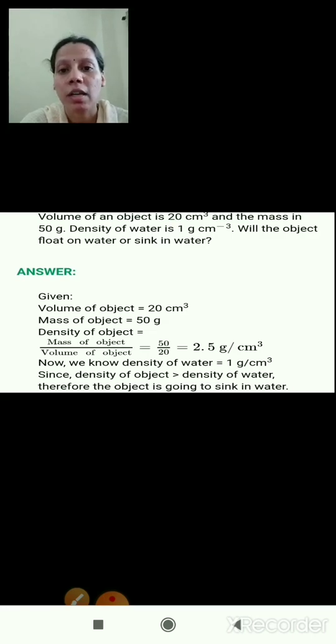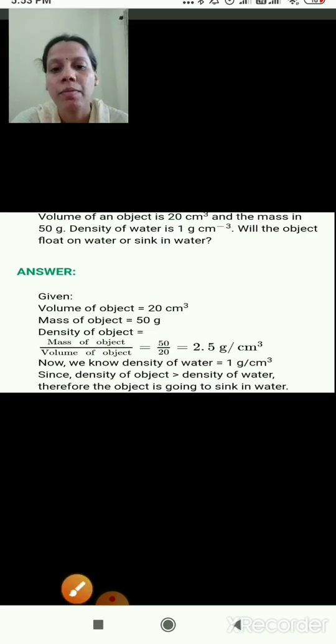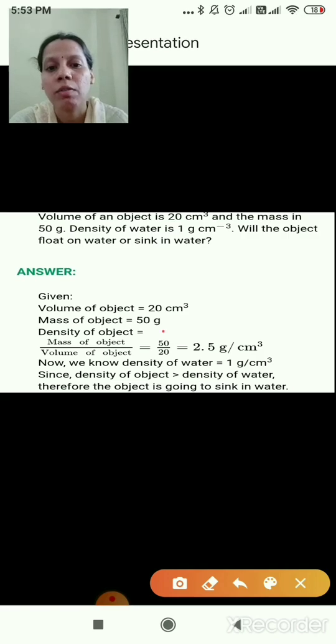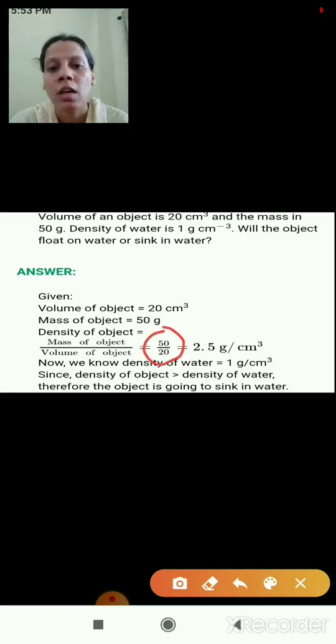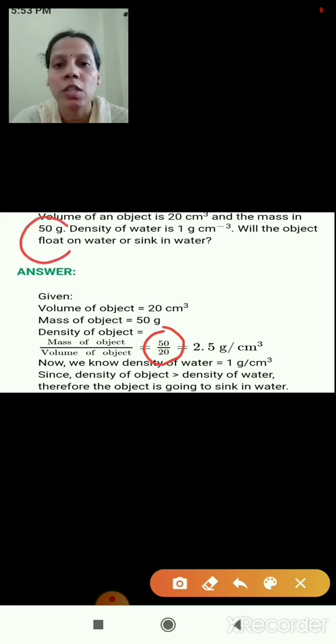So what is the density? What is the formula for density of substance? Density is equal to mass upon volume. Correct, the first formula. Then what is the mass here? 50 gram. Yes, that we will write down here. And as you can see here, 50 upon 20. So the mass is, in the question, 50 gram, and the volume is 20 centimeter cube.